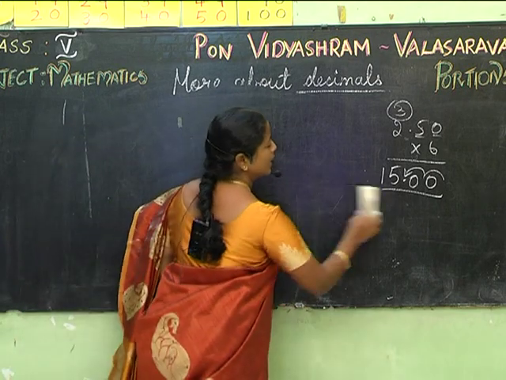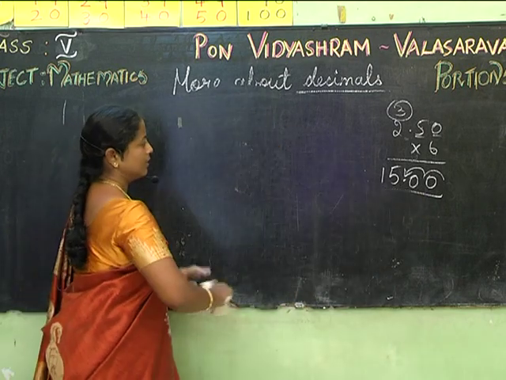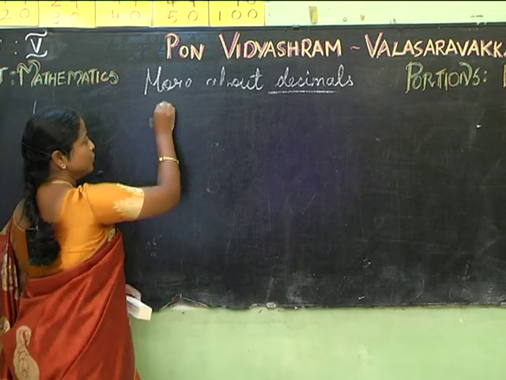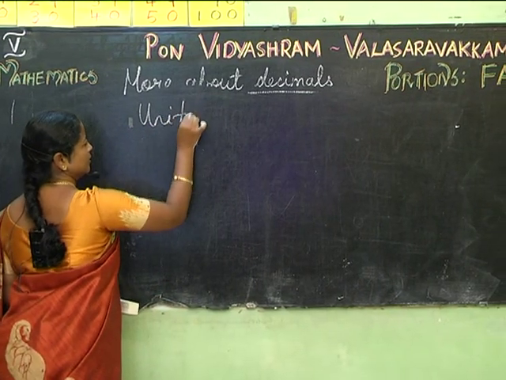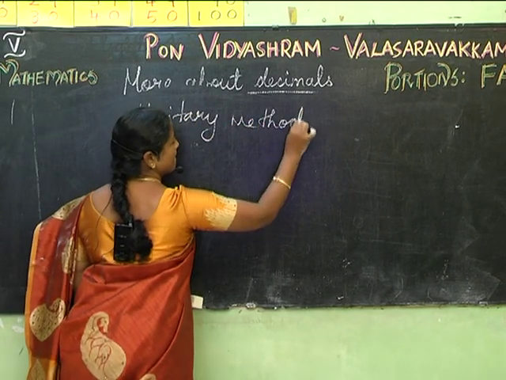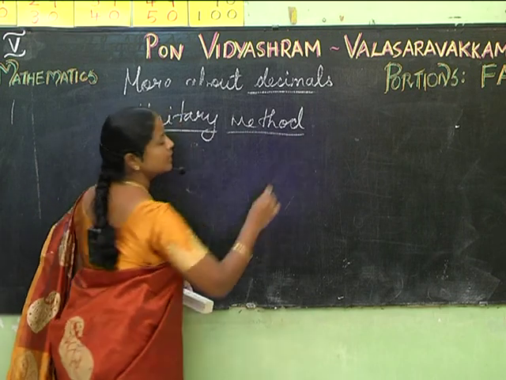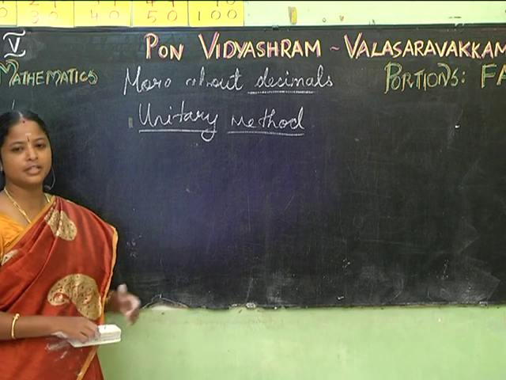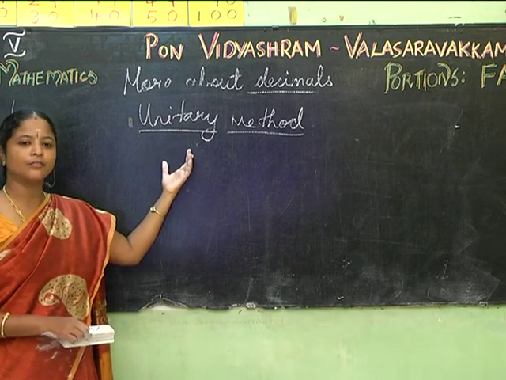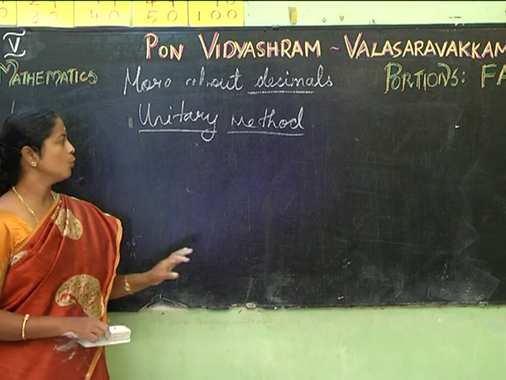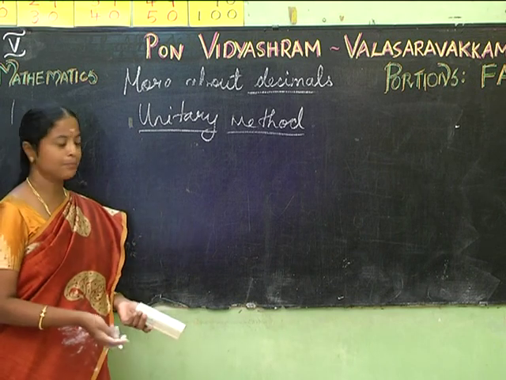The next one is unitary method. We use this unitary method while dealing with money and decimals. Unitary method is finding the price of one object or the cost of one object given many.